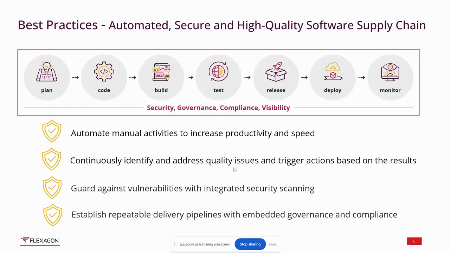And so the best practices come along a number of ways, but broadly speaking, it's all toward automating processes, highly securing them, driving higher quality into what you might call a software supply chain. Well, how do we do that? The foundation is automation. How do we eliminate the manual activities, automate the processes to drive that speed and productivity?